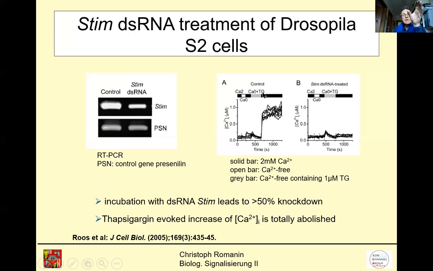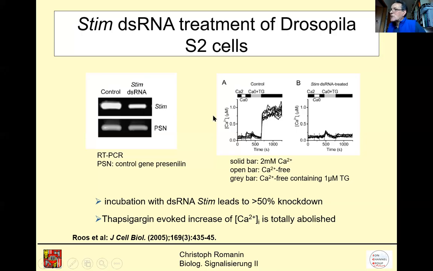Thapsigargin works directly on the calcium ATPase that pumps calcium back into the ER stores. That's very specific, only inhibiting the calcium ATPase in the ER. By preventing calcium from being pumped back, the leak increases more and more over time. That takes some minutes, and over those minutes the leak will lead to a complete depletion of the ER calcium stores.